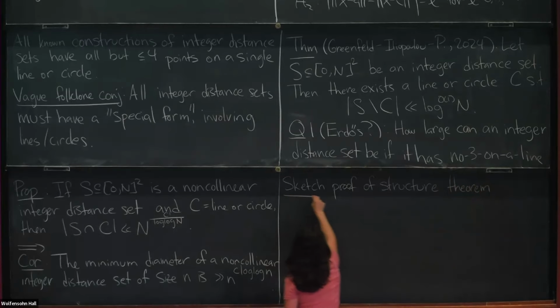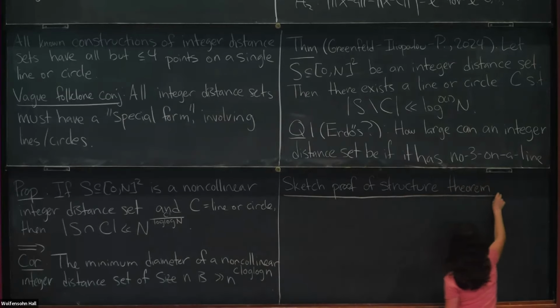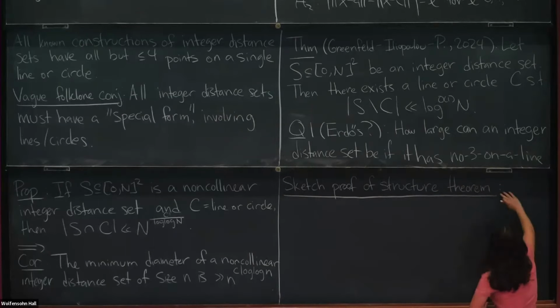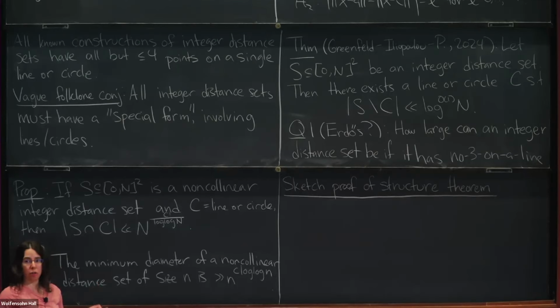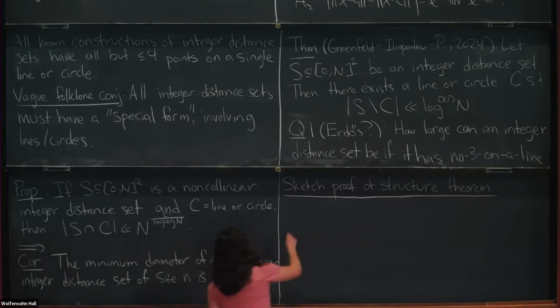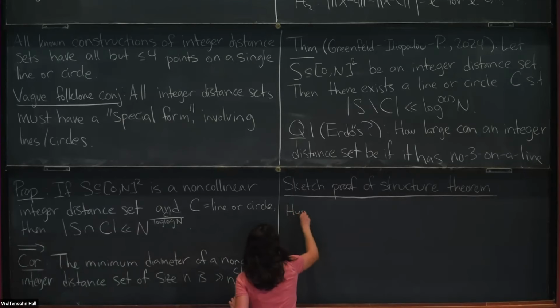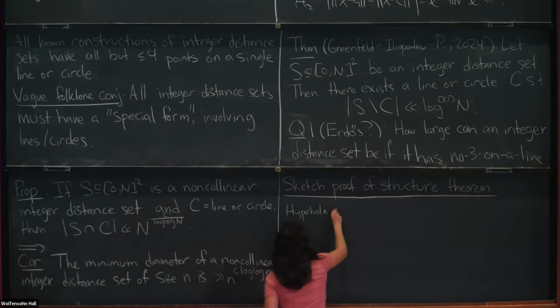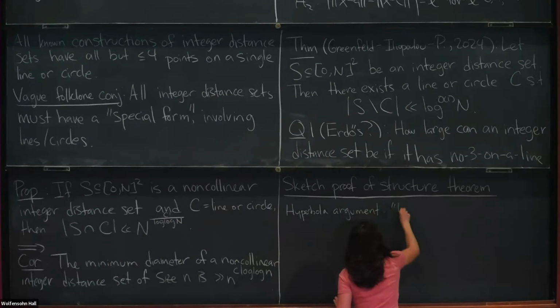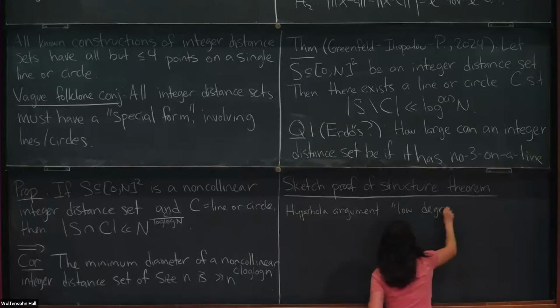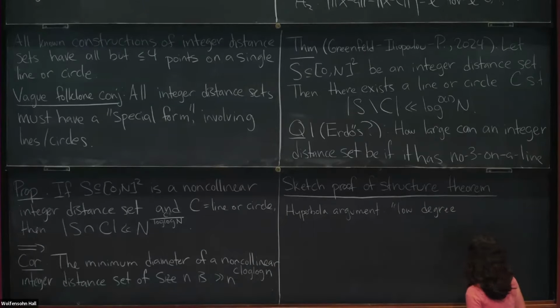So I guess first some philosophy. This hyperbola proof can be viewed as an application of low degree algebraic geometry to the study of integer distance sets. The curves have degree 2.